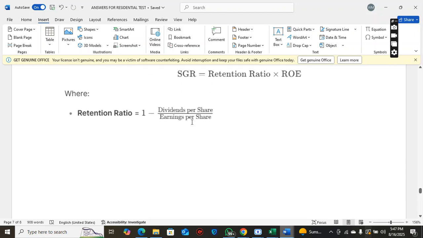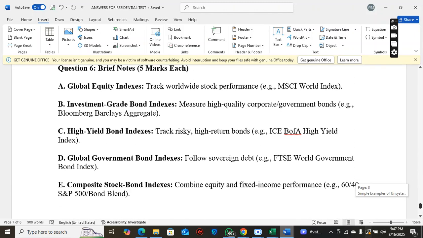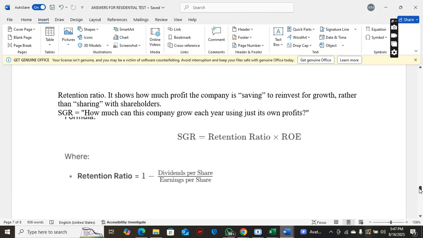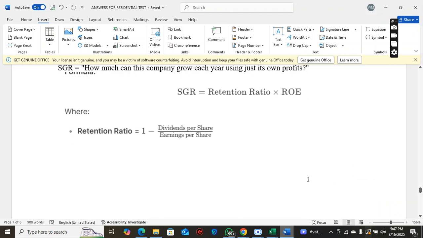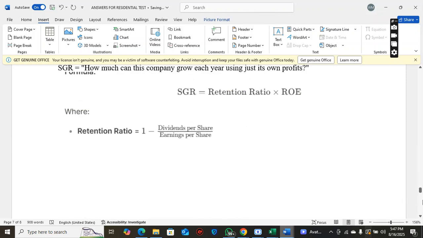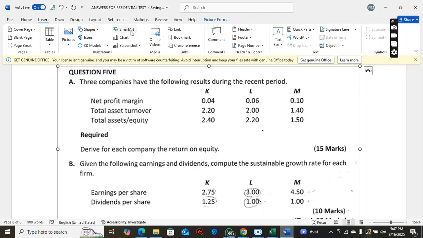So the retention ratio is 1 minus the dividend per share over earnings per share. Here we need to calculate the retention ratio of each firm. So company K, the retention ratio, let's see.